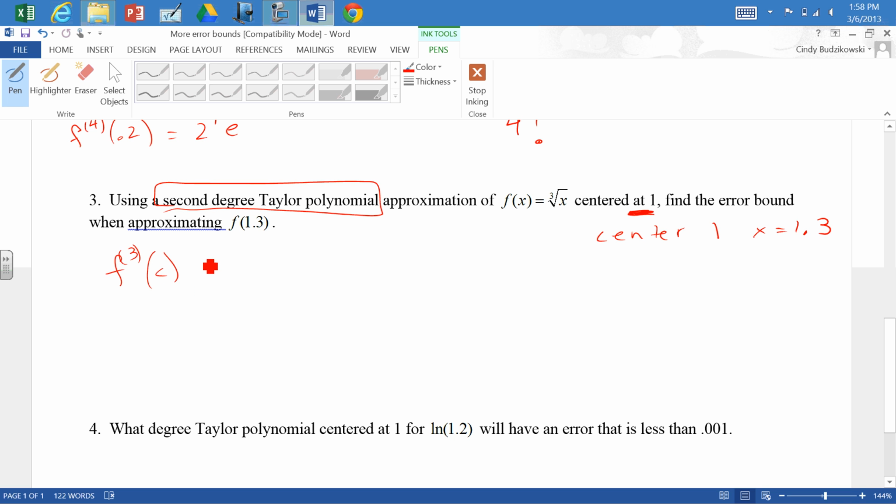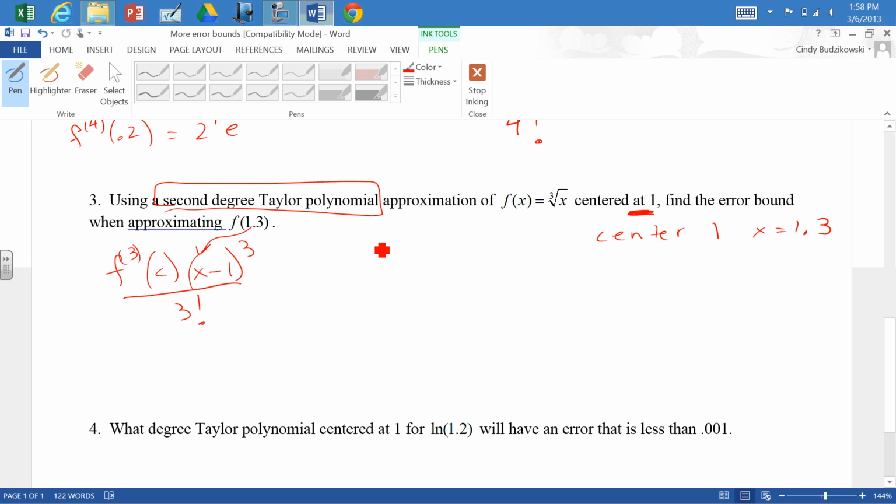We'll figure out what that is in just a second. And we are looking at x minus 1 cubed over 3 factorial. So in for x, we are going to put this 1.3. We're going to see about c in just a second.